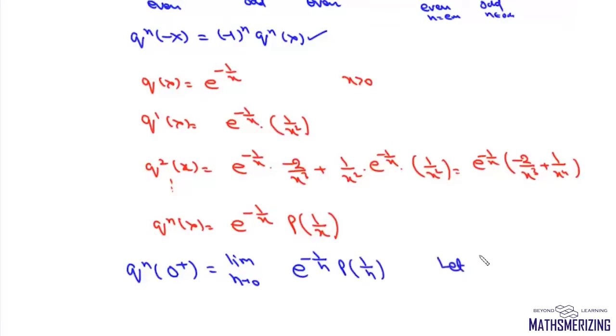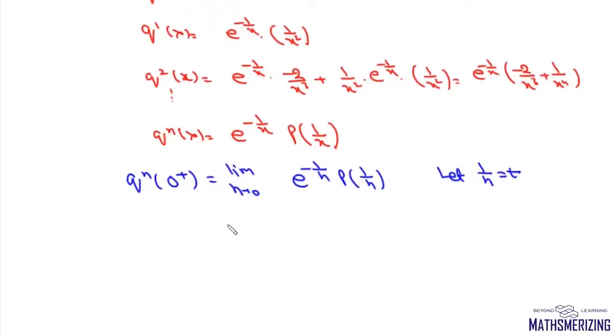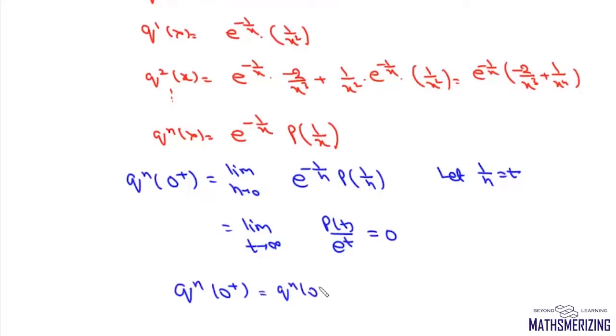If we let 1 upon h as t, we can write this as the limit t tends to infinity of P(t) upon e to the power t, and this we have already established in part A is equal to 0. So from here we can say this q^(n)(0) positive will be equal to q^(n)(0) negative, and it will be equal to 0. That is, this q^(n)(0) will exist and it is equal to 0.